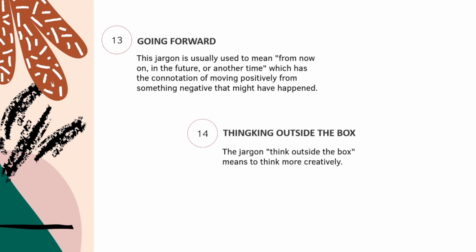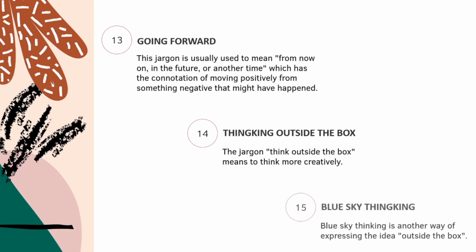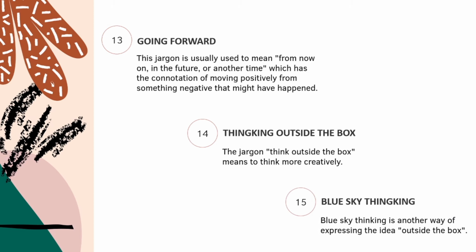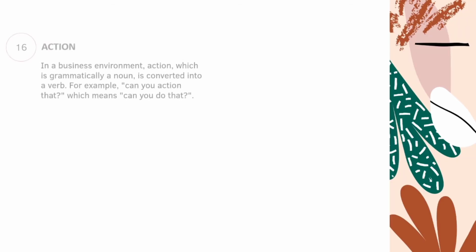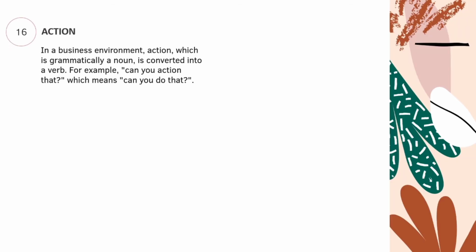Thinking outside the box. The jargon, think outside the box, means to think more creatively. Blue sky thinking is another way of expressing the idea of outside the box. Action. In a business environment, action, which is grammatically a noun, is converted into a verb.